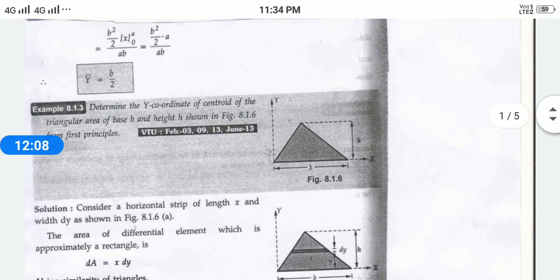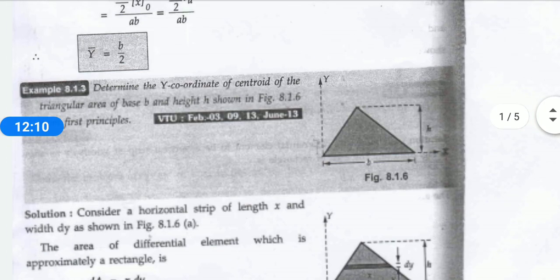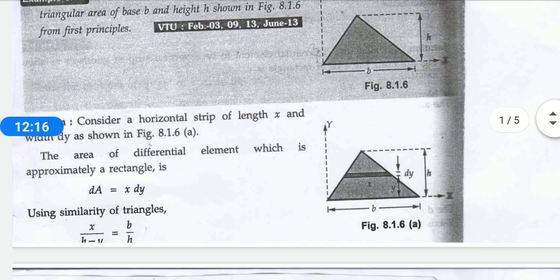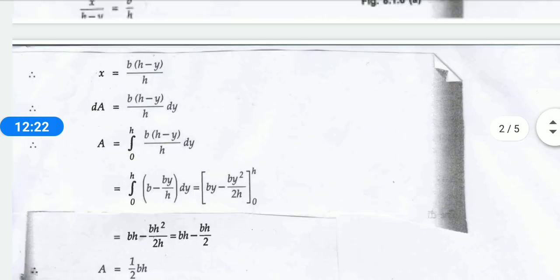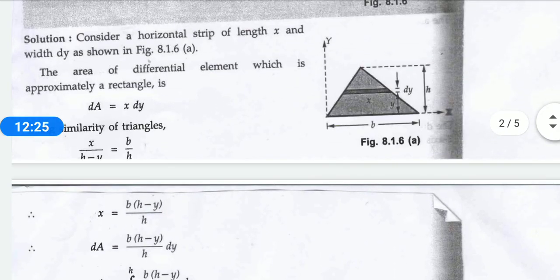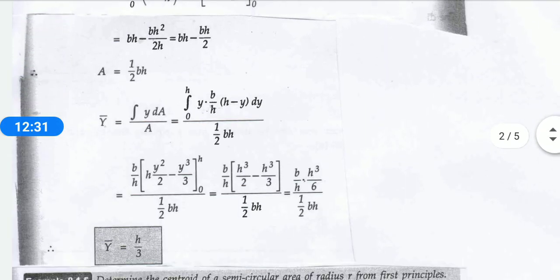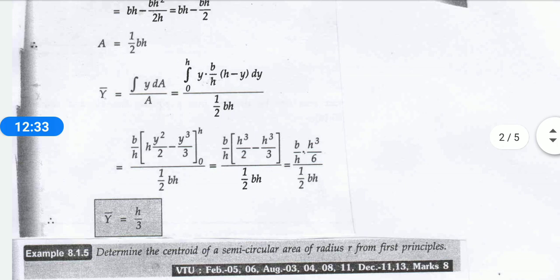Because they had asked only to determine the y coordinate of the centroid. So we are directly finding the y bar value. To substitute in the y bar, we need our y and dA divided by a. Here in the y axis, the half height is equal to y. So I am substituting directly the y over here and integrating it to get the value y bar is equal to h divided by 3.